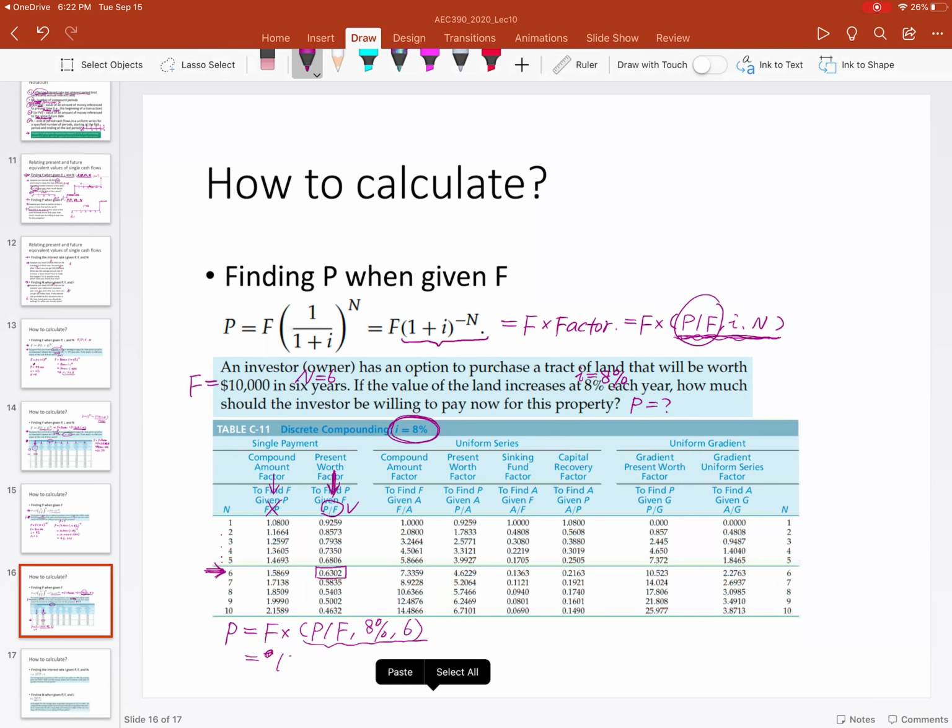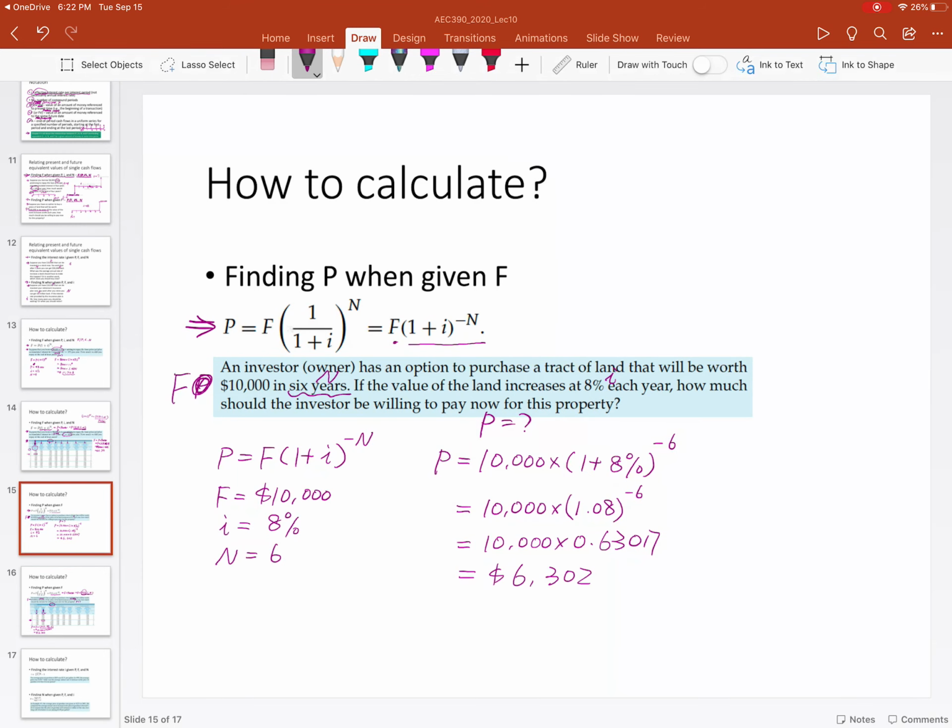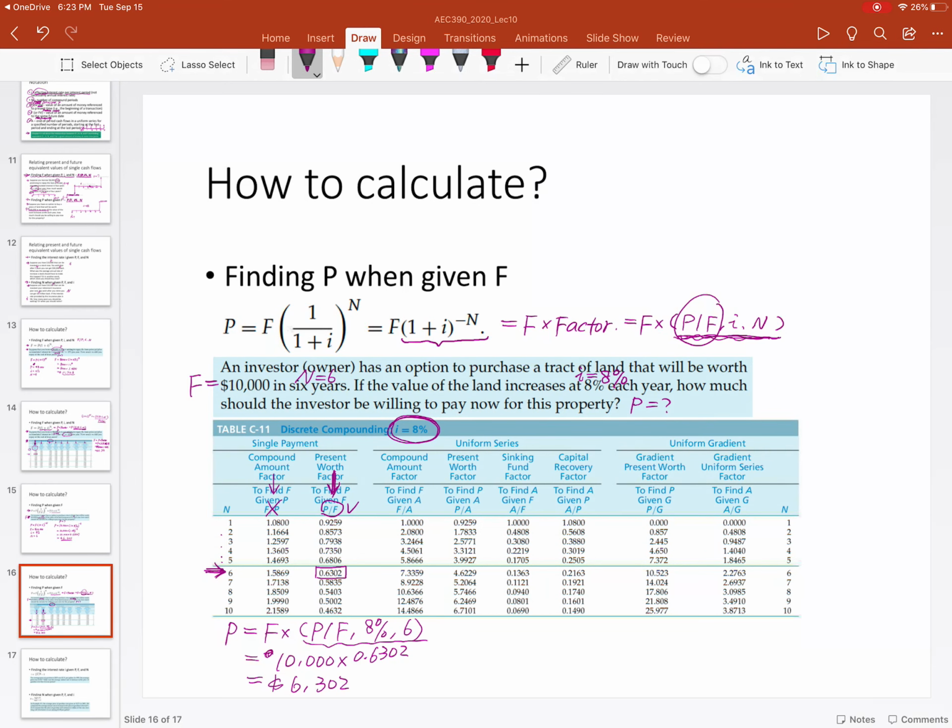That's the factor you're looking at, okay? And then F is 10,000, and that factor is 0.6302. So you got $6,302 as the present value, as the price you want to pay at most, okay? So compare this to this value, that's the same. So both ways work. And usually we want to use the table method.